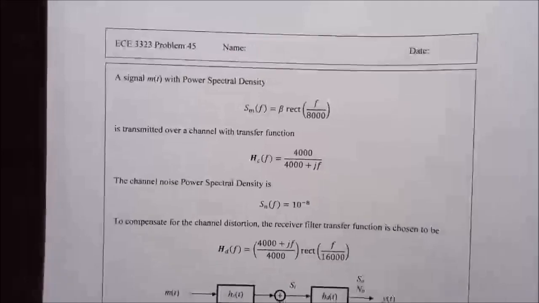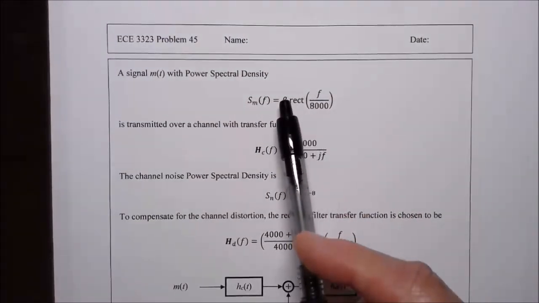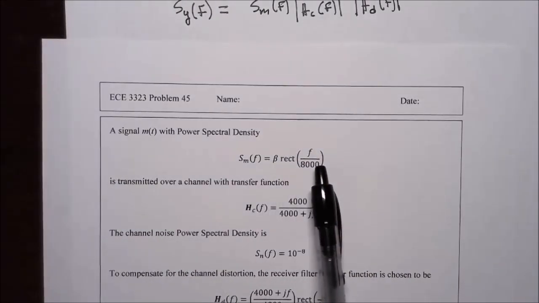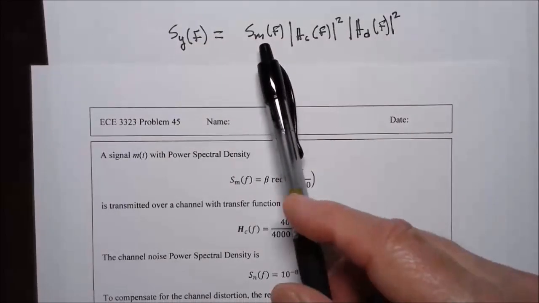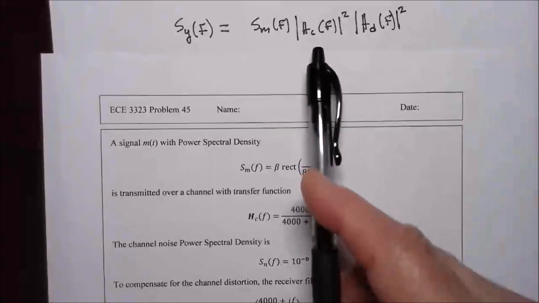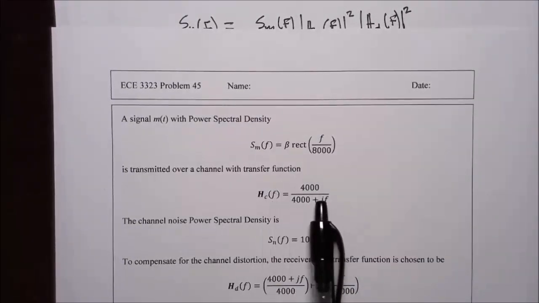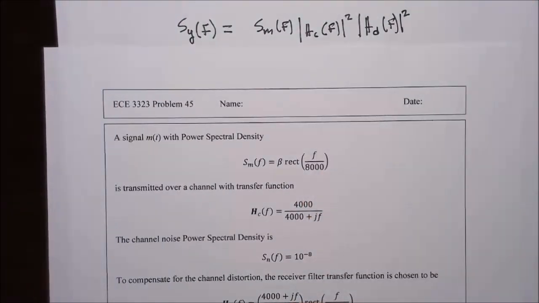So you have here the power spectral density of the input signal. You can find the magnitude squared of the first linear system.